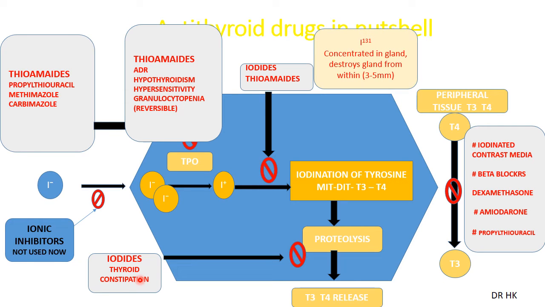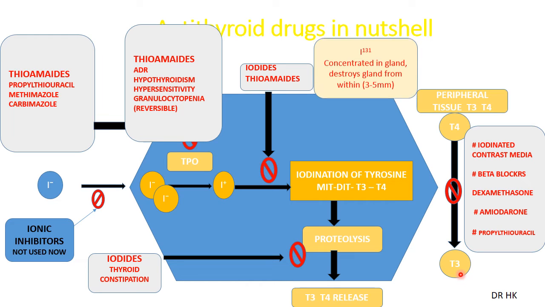Another group of drugs is radioactive iodine. Among radioactive iodine, the iodine 131 isotope is used more commonly, and it gets concentrated in the gland in place of normal iodide, and it destroys the gland from within.